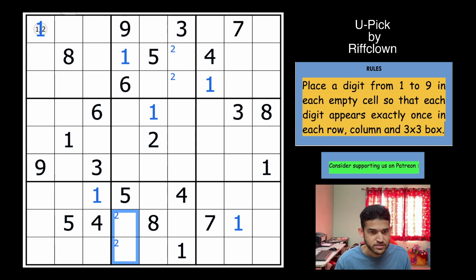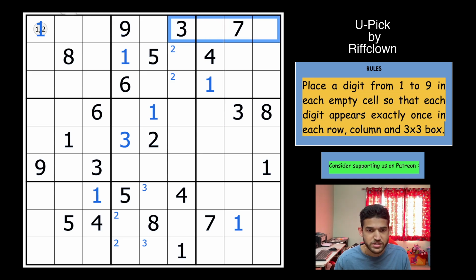Let's go to 3s. 3 in row 6, 3 in column 6. So 3 goes here, and that gives 3 in column 5. Oh, there is one 3 here. So this is a 3. 3 is not in column 8. 3 is not in row 1.